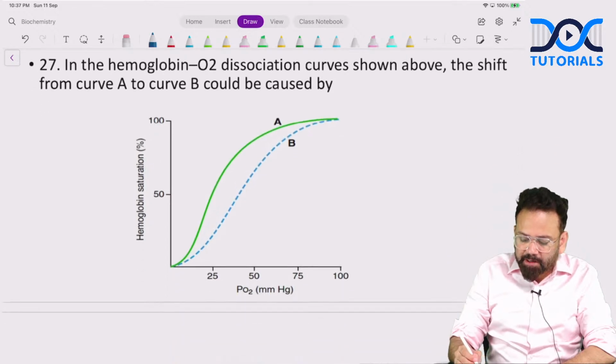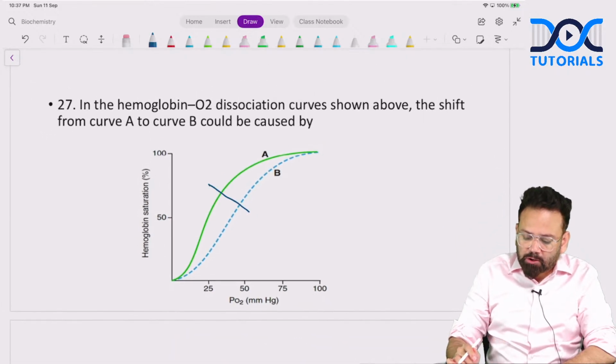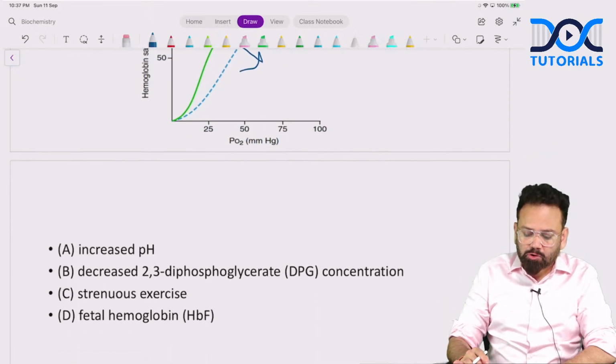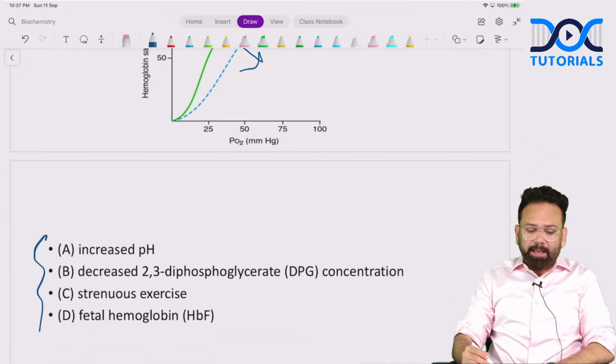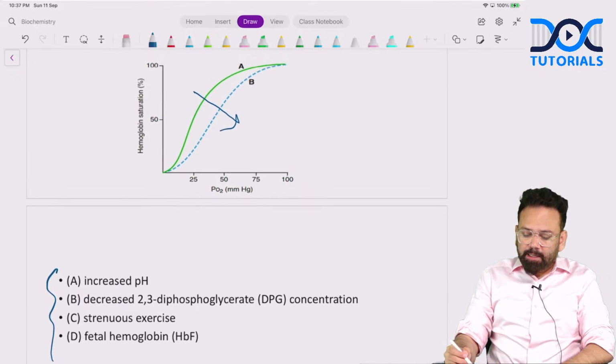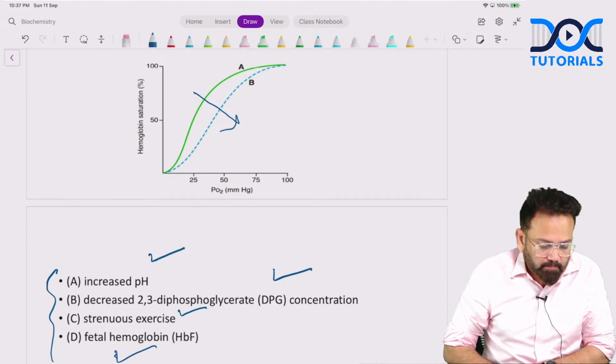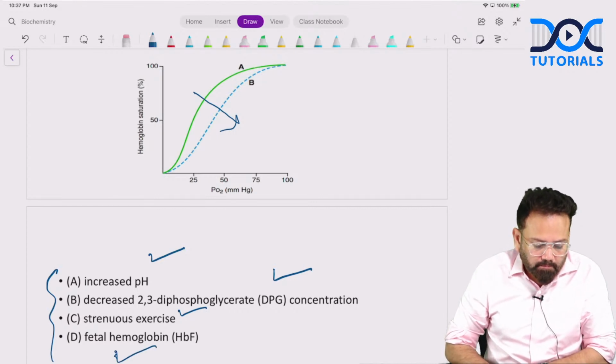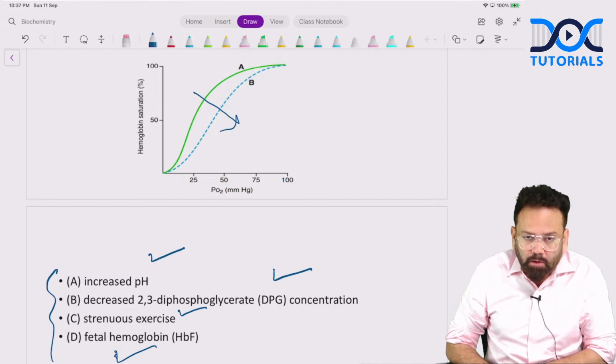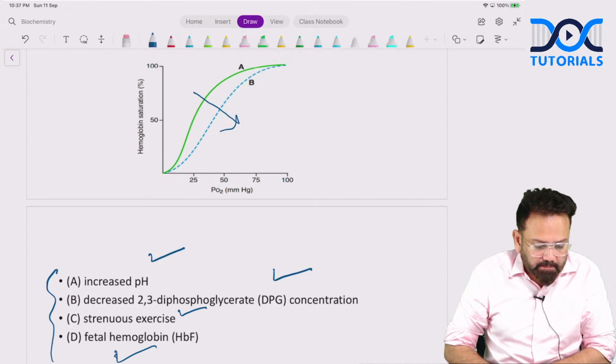This is right shift of the curve. What is the cause of right shift of the curve? Increased pH, decreased 2,3-DPG, strenuous exercise, or fetal hemoglobin. Right shift of the curve happens in which condition?